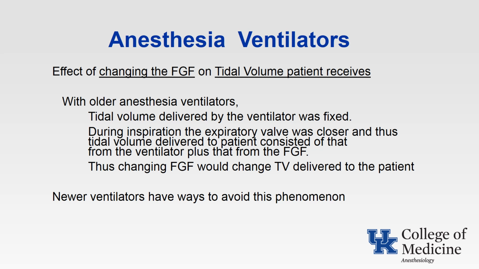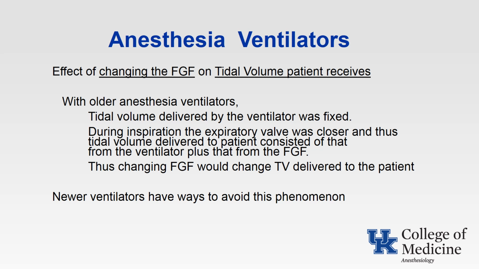A final point is the effect of changing fresh gas flow on the tidal volume the patient receives. With older anesthesia ventilators, the tidal volume delivered by the ventilator was fixed. During inspiration, the expiratory valve was closed, and thus the tidal volume delivered to the patient consisted of that from the ventilator plus that from the fresh gas flow.